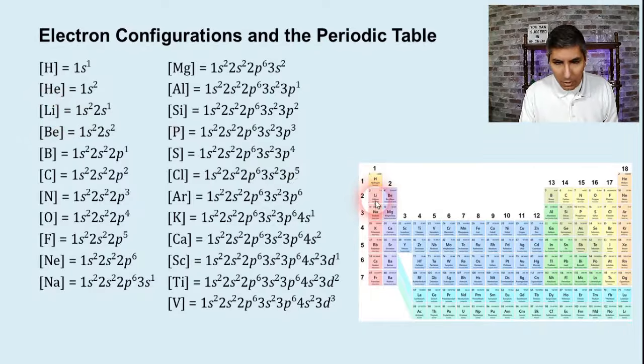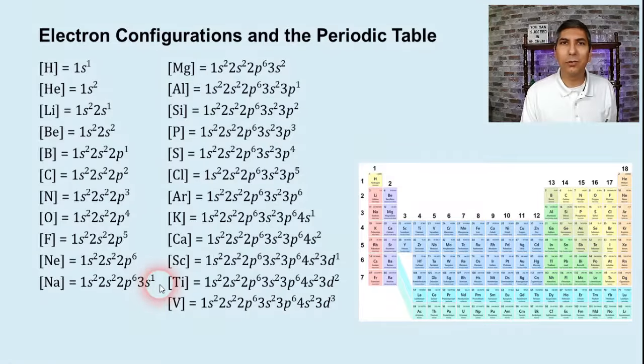So lithium is right here on the periodic table. Its electron configuration ends with 2s1. Now, look at the element right underneath lithium on the periodic table. That would be sodium. And take a look at what sodium's electron configuration ends with. It ends with 3s1.